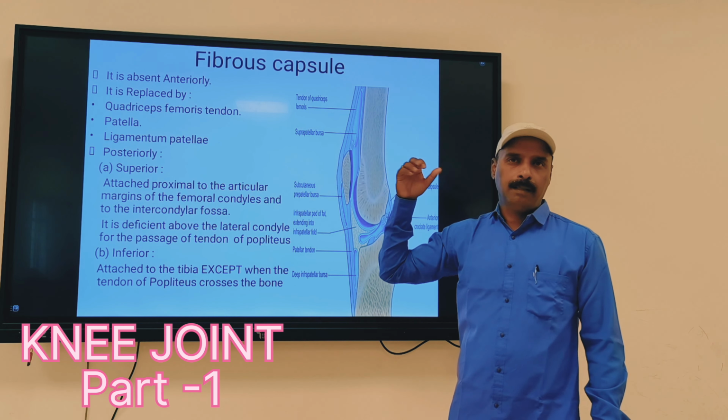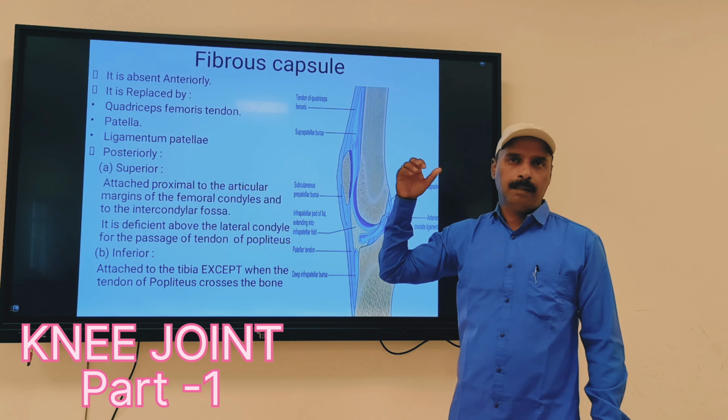Then below it is attached to the condylar margin of the tibia, posteriorly the intercondylar margin. So there it is attached. This is the superior and inferior posterior attachment of the fibrous capsule.